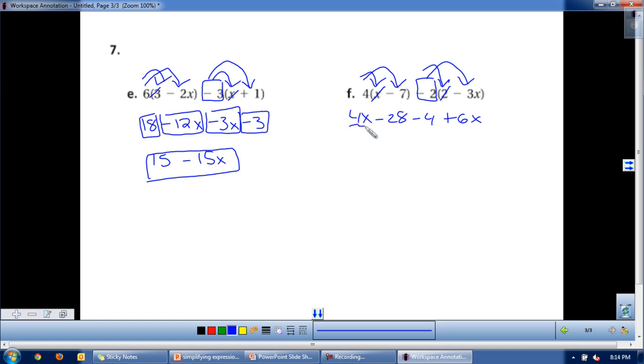So we're going to combine the 4x with the 6x. That's going to make 10x. Then you have the negative 28 and the negative 4. So that's going to be negative 32. Our final expression is 10x minus 32.